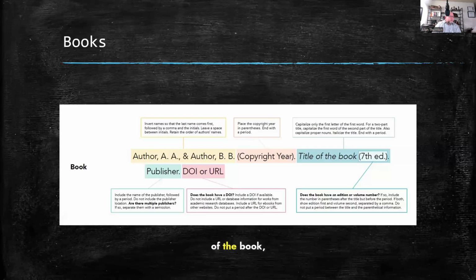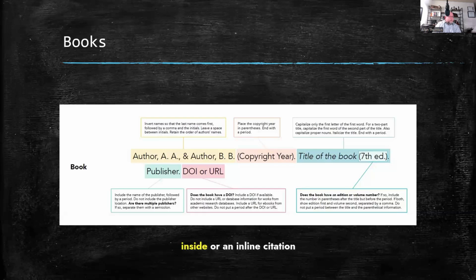Put in the publisher of the book, which you can normally find as soon as you open the book or get to the copyright page. If the book has a DOI or a URL, if it's listed online, if you're using a book that's online, you would either have a DOI or a URL that you can put there. And then you set it up, and that is how you cite.